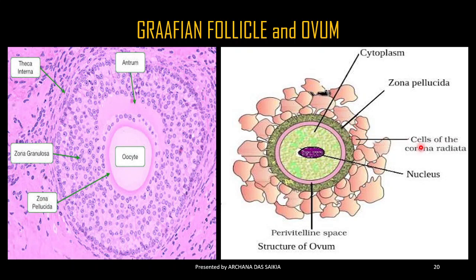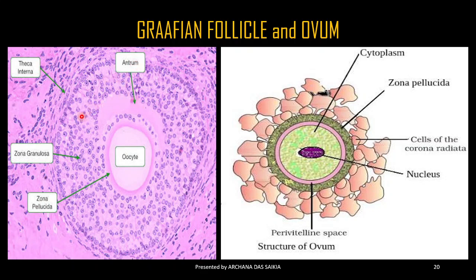Outer to the zona pellucida are cells of corona radiata, which is meant mainly for protecting the ovum, and it's filled with cytoplasm. So you can see here, now this is inside the Graafian follicle. This is only the ovum, and here it is inside the Graafian follicle. So the secondary oocyte will remain towards one side, attached to an empty space filled with fluid that is known as antrum.